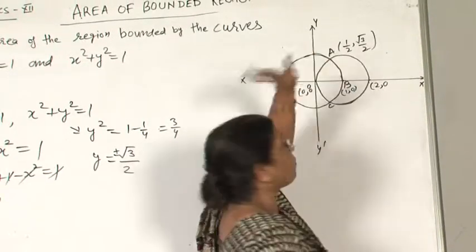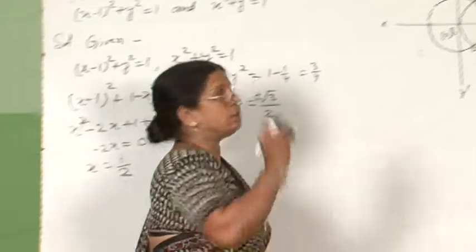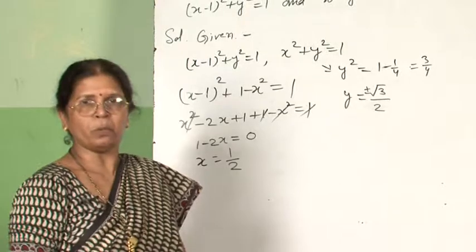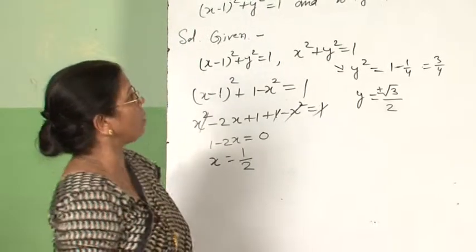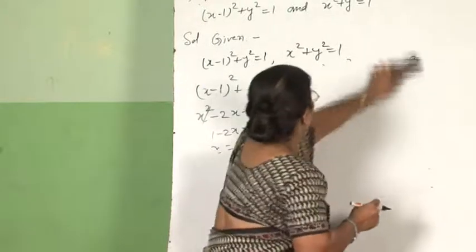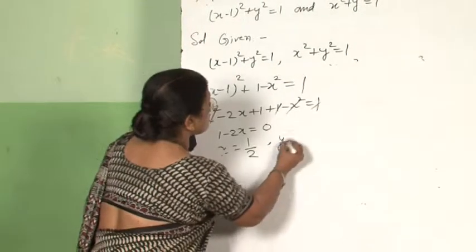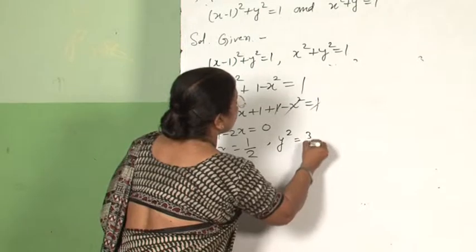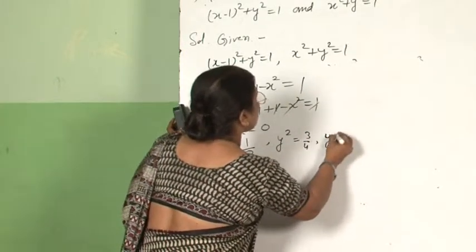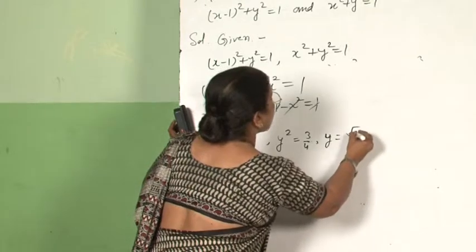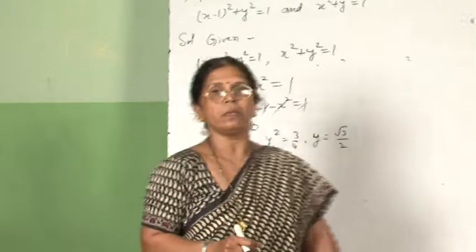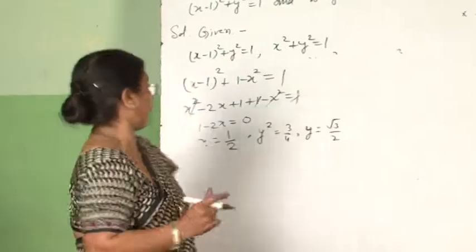So, coordinates of the point A are 1 by 2 and root 3 by 2. Is it clear? Now, y square is 3 by 4, so y is root 3 by 2. We will take positive value only because we have to find the coordinates of point A.